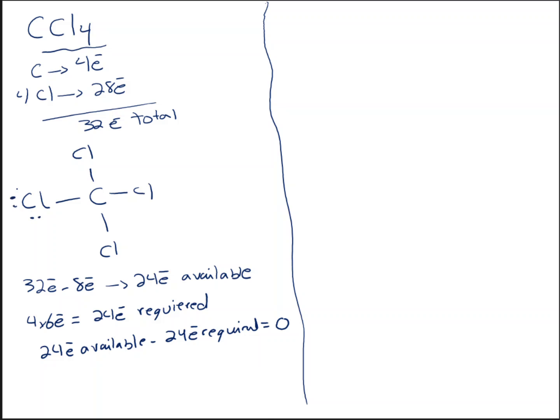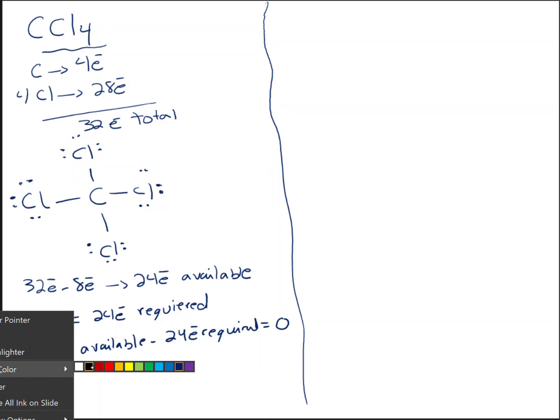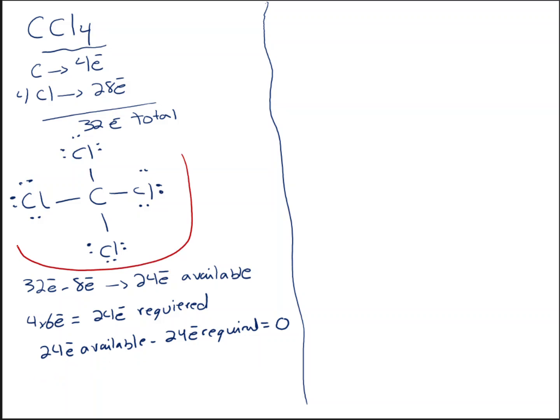So 2, 4, 6, 8, 10, 12, 14, 16, 18, 20, 22, and 24. Now, to check the structure, carbon is octet, each chlorine is octet, and I used 32 valence electrons total. So this is the Lewis structure of carbon tetrachloride.